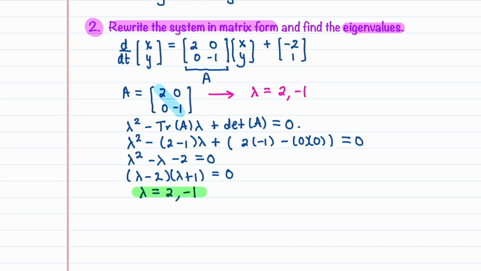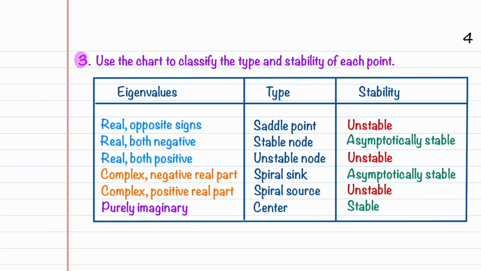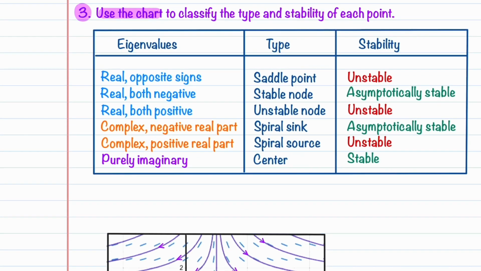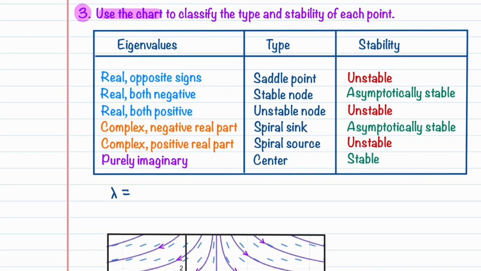Let's now go to step 3. Step 3 is to use this chart and classify the type and stability of each critical point. Down here, I'm going to remind us that our eigenvalues were 2 and negative 1. 2 and negative 1 are real numbers and they are opposite in sign.